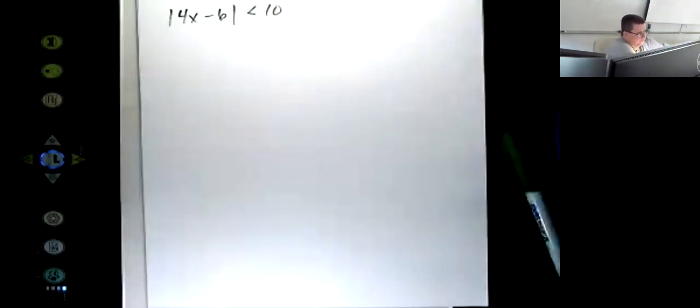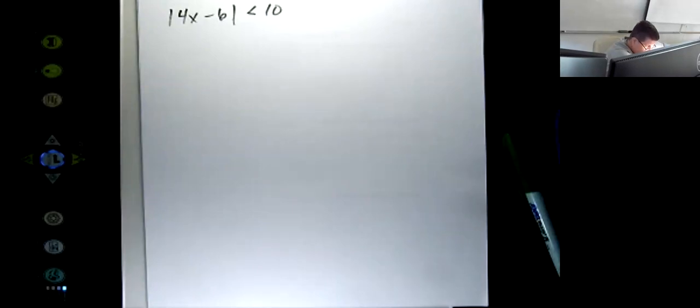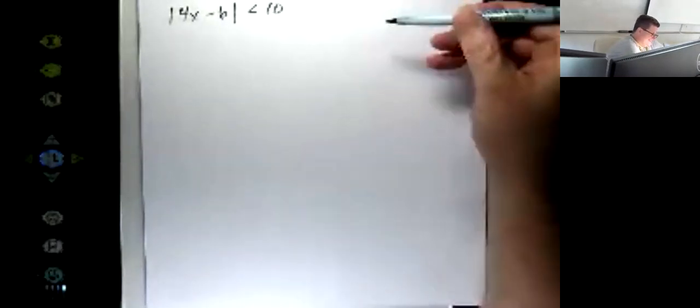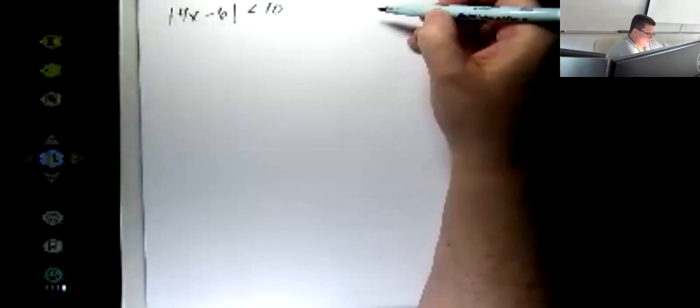All right, let's look at the inequalities ones. Let's do absolute value of 4x minus 6 is less than 10. The less than turns into a sandwich.